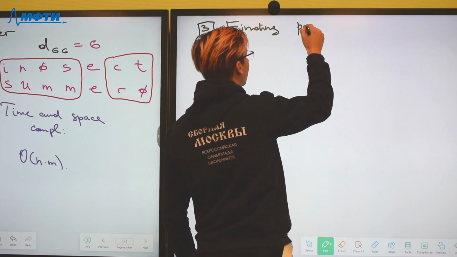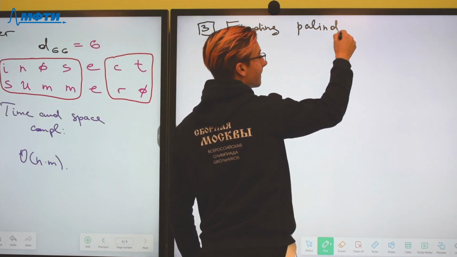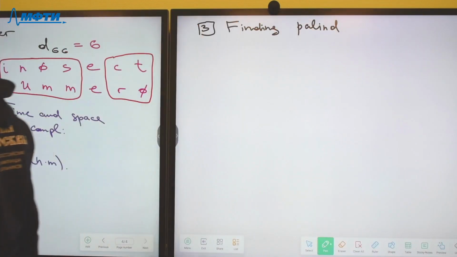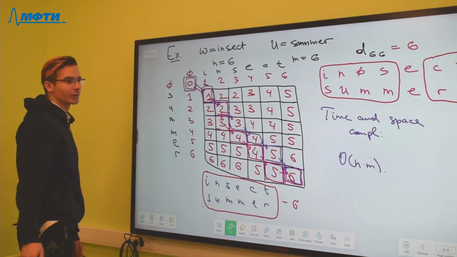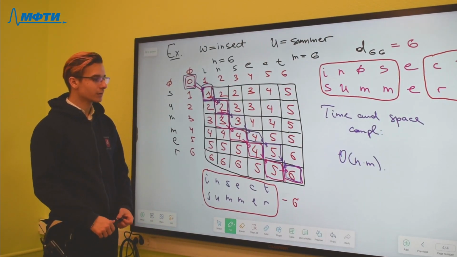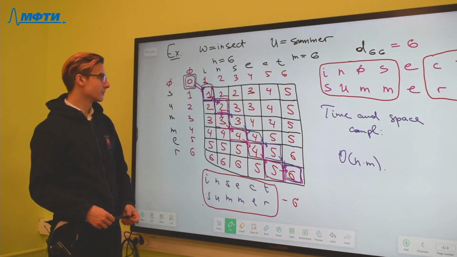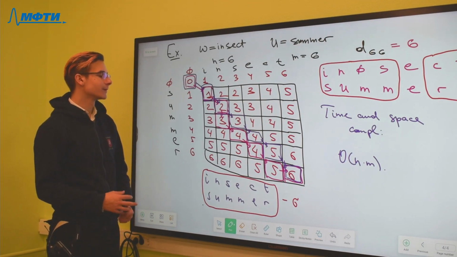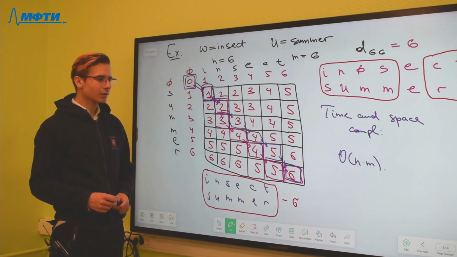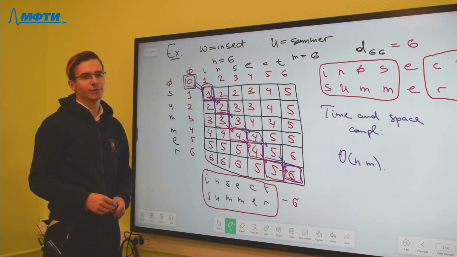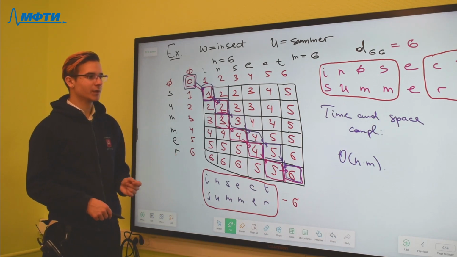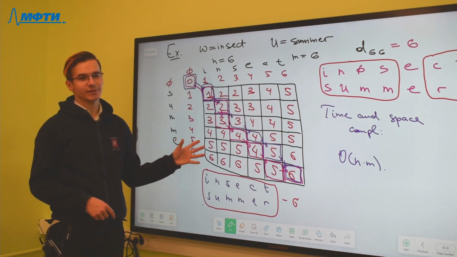Why is it called two-dimensional dynamic? Because you can see that we need to use matrices to store the values, and so it is known as two-dimensional dynamic programming. And I think there is no difference between one-dimensional and two-dimensional. It's only about storing and about visualization of this program.